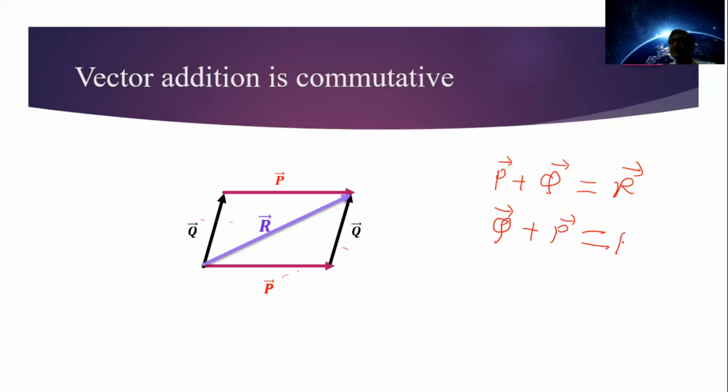That's why Q vector plus P vector is also equal to R vector. That is, P vector plus Q vector is equal to Q vector plus P vector. Vector addition is commutative, which we have proved here.